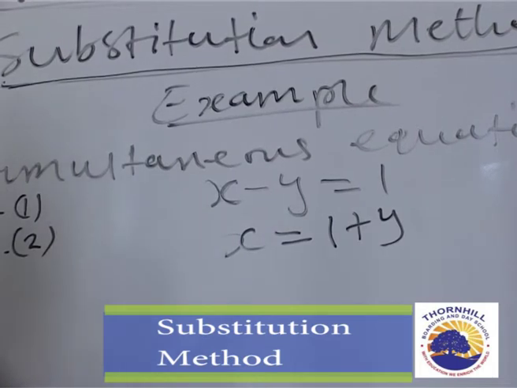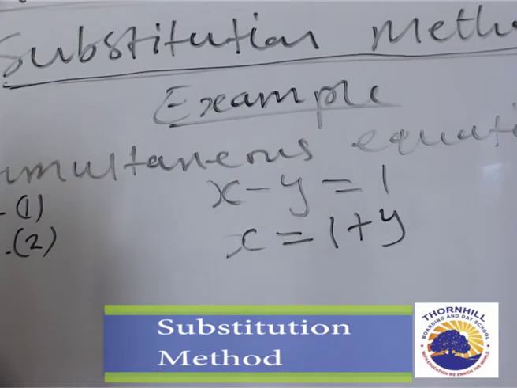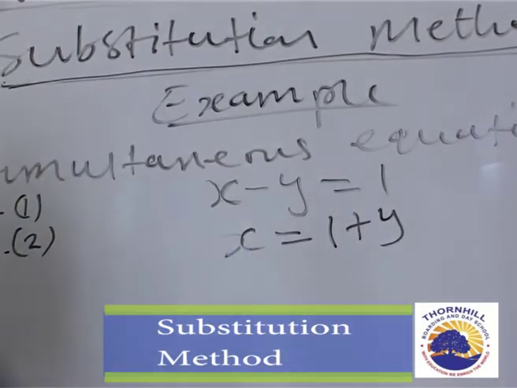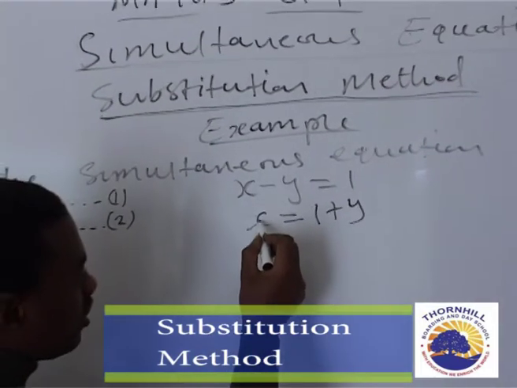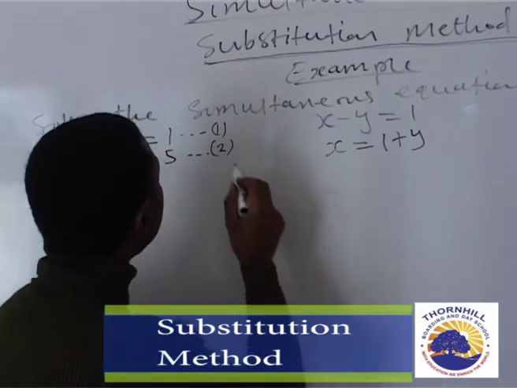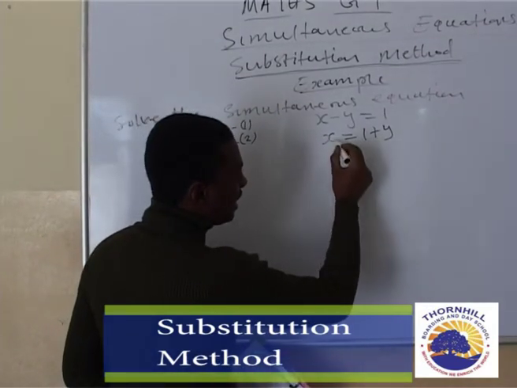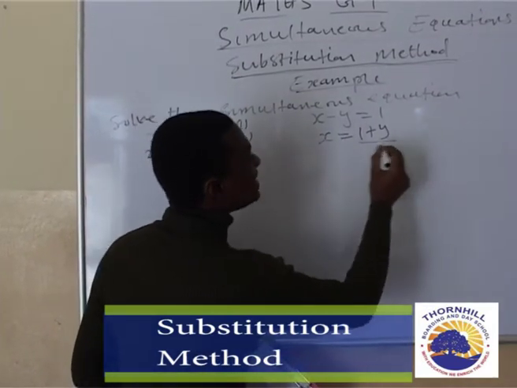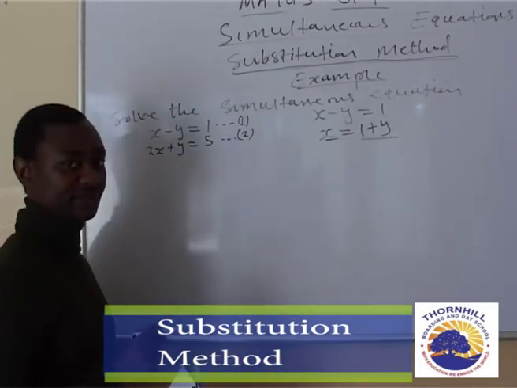Meaning that using the first equation, we have made x the subject of the formula. Now, having made x the subject of the formula, using the first equation, we're going to pick this and substitute where there is x in the second equation.